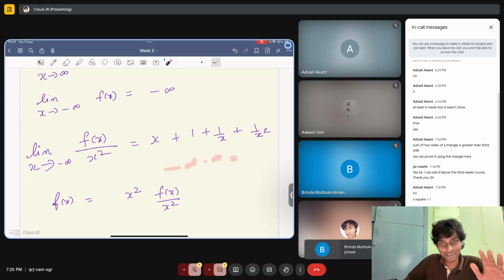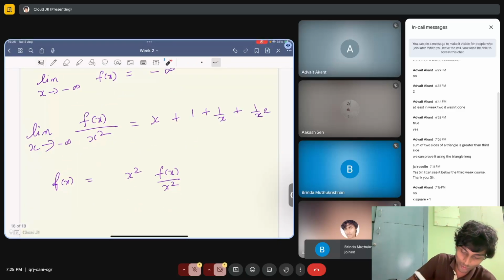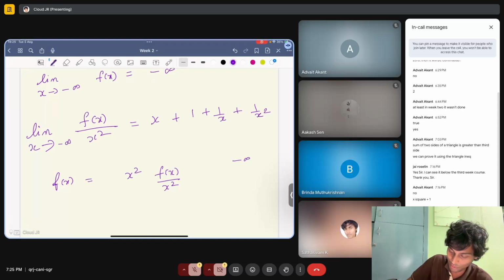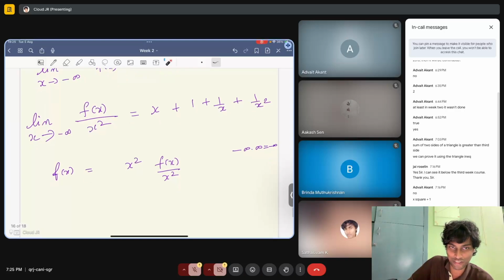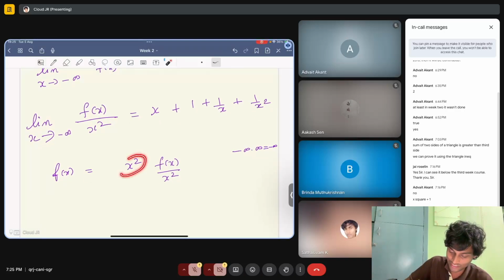One can do it easily, but I'm just throwing the symbols here. I hope you will not have a problem when I say minus infinity times infinity is minus infinity. It's just that minus times plus is minus, so it comes like that only. It may not be very hard to do it.